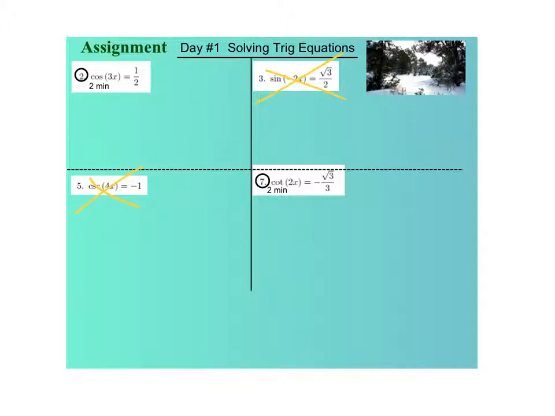Well, do you remember how you can rewrite cotangent and not do cotangent and instead do its sister function? You just have to remember to flip the answer. So your first step is to say, I'm not doing cotangent. I'm going to do tangent of 2x equals, and then flip that fraction over. 3 over root 3.